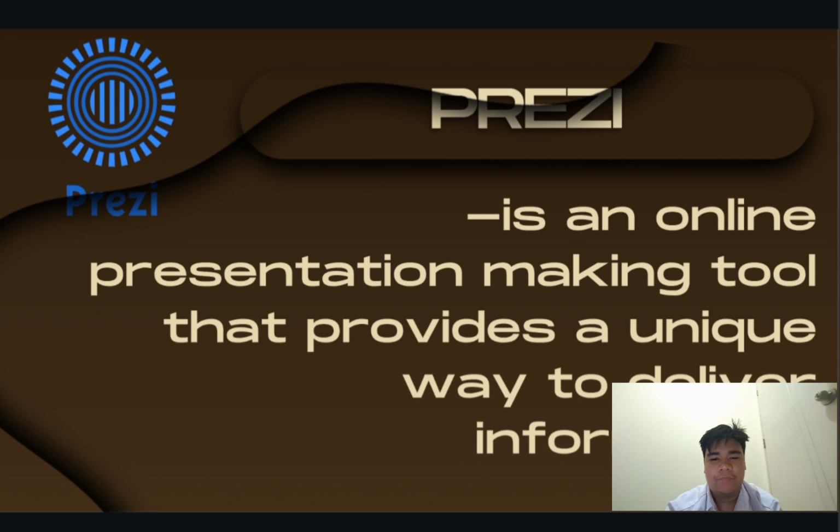What's different with Prezi is that the presentation is only on a single page, and there are multiple elements in that page. What Prezi does is with every click we zoom in on an element and see more information about it. So it's different from Canva and PowerPoint.